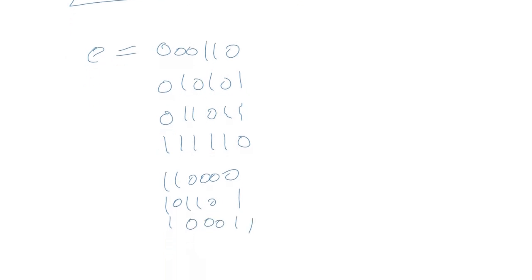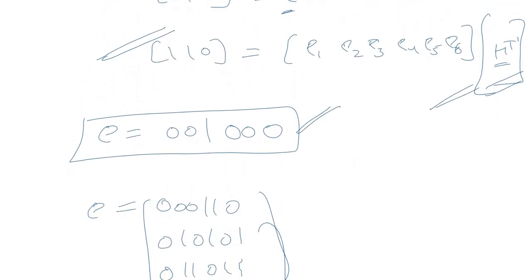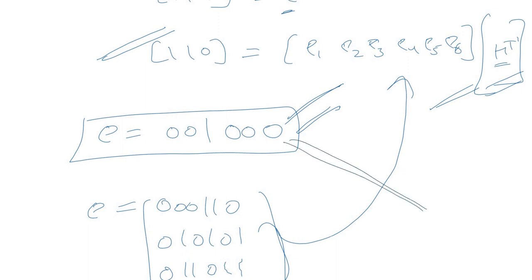So these are all other combinations which will satisfy this equation. This is satisfying, correct, but these combinations will also satisfy this equation. But the suitable choice will be this error word, because it has the minimum weight.